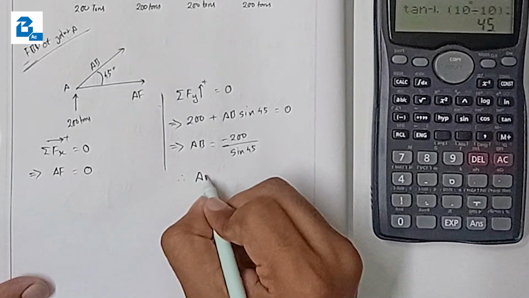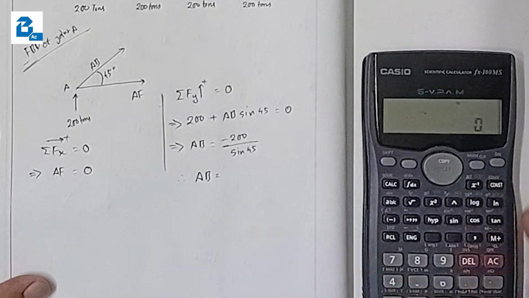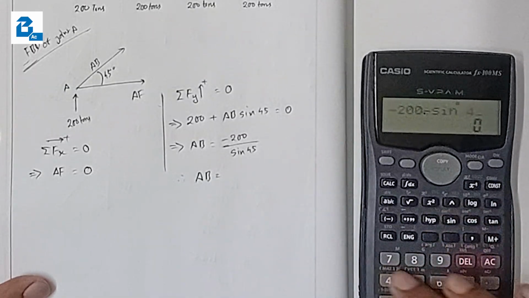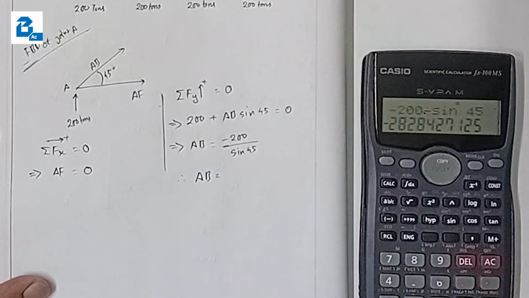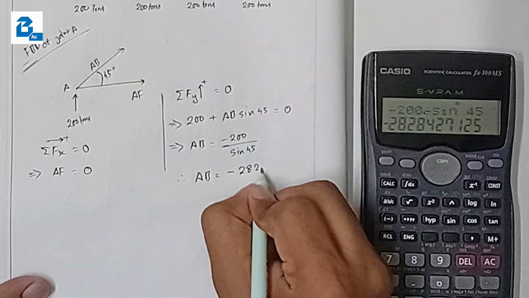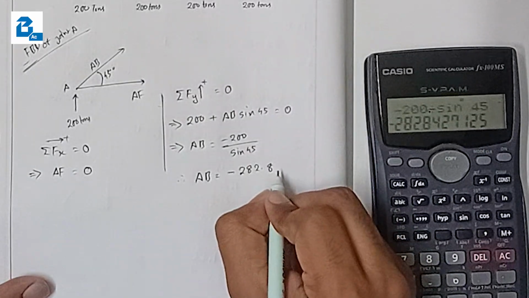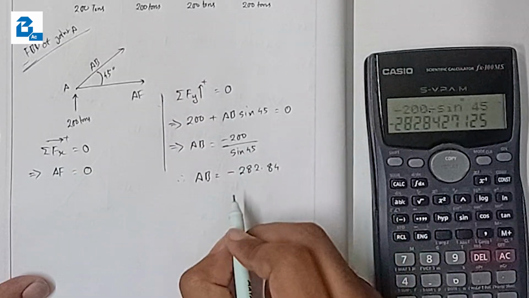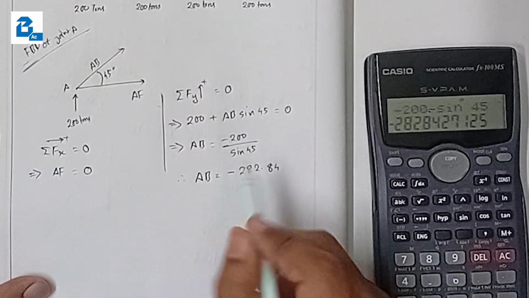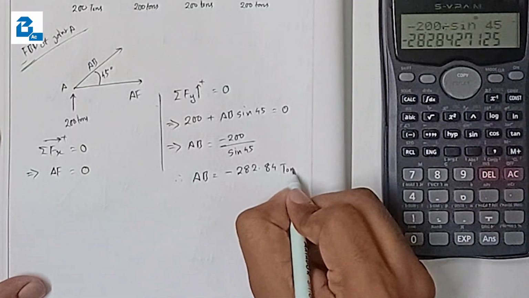Therefore the value of AB would be minus 200 divided by sine 45 degrees. We will get minus 282.84, which is negative. Notice that here we get a minus in the value of the force.